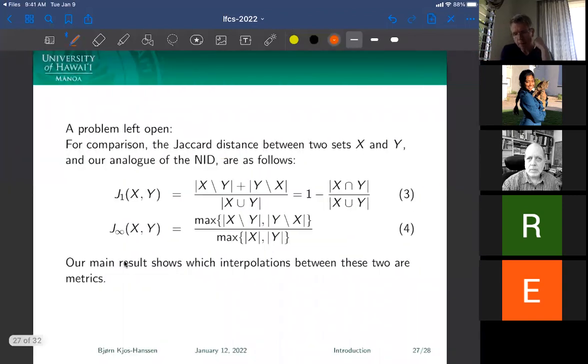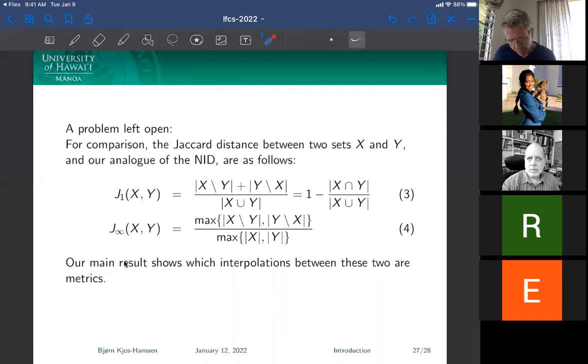Okay, and here's a nice problem that's left open that might be reasonable for students to look at. I'm not sure. So let's look at this in a different way. Instead of connecting the Jaccard distance to this analog of the normalized information distance in the way that Jimenez and the co-author did, let's look at it differently.